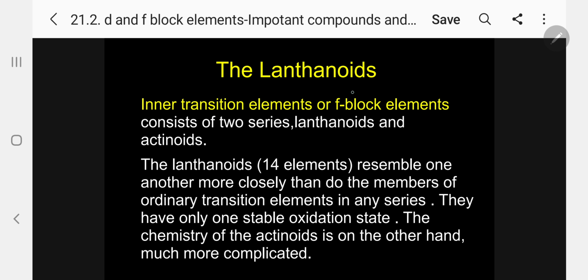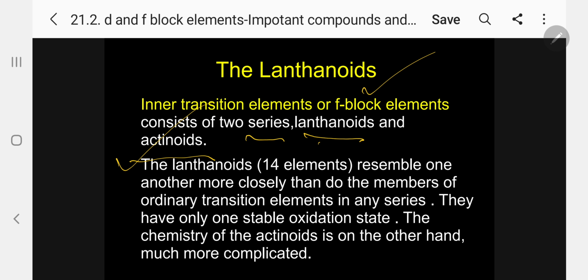Inner transition elements or f block elements consist of two series, lanthanides and actinides. So here I am concentrating on lanthanides. The 14 lanthanide elements resemble one another more closely than do the members of an ordinary transition series. This is a more close resemblance.